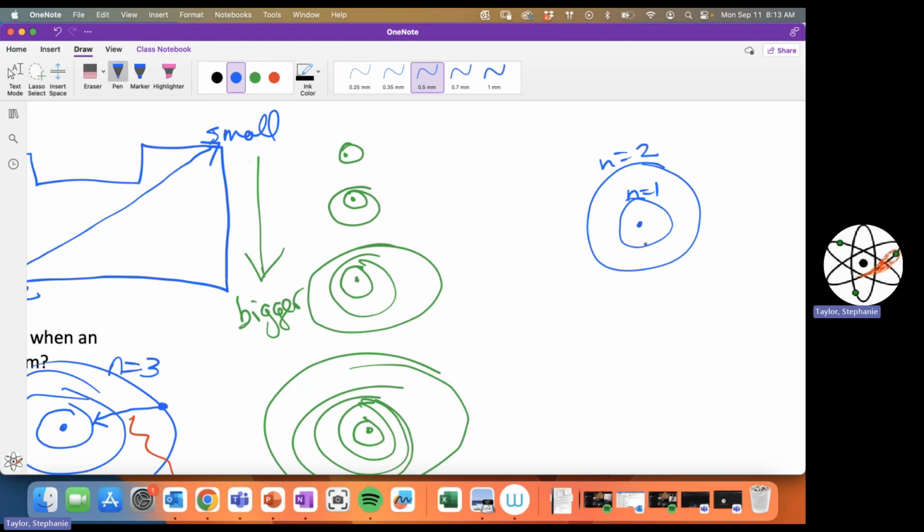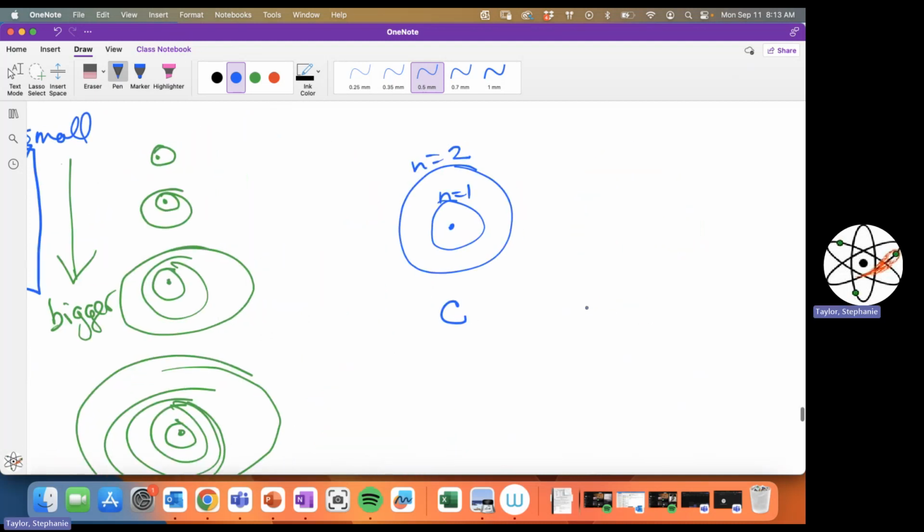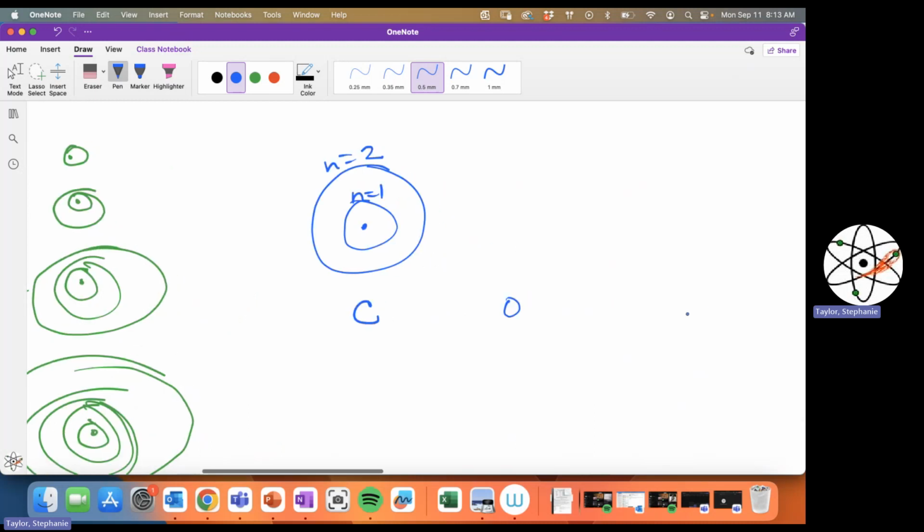What's happening here is as I'm going from, say, carbon to nitrogen to oxygen, I have 6 protons, and then I have 7, no, I cut oxygen. Nitrogen has 7 protons. Oxygen has 8 protons.